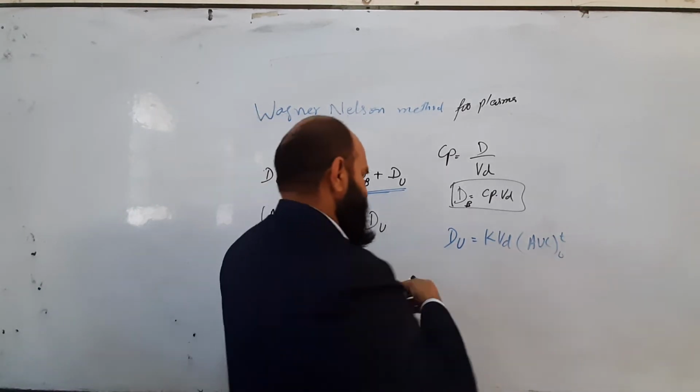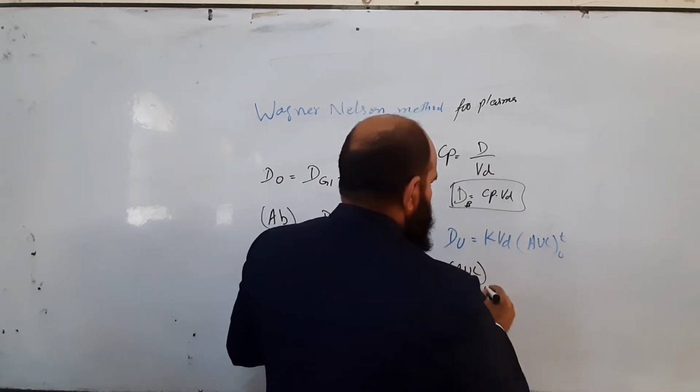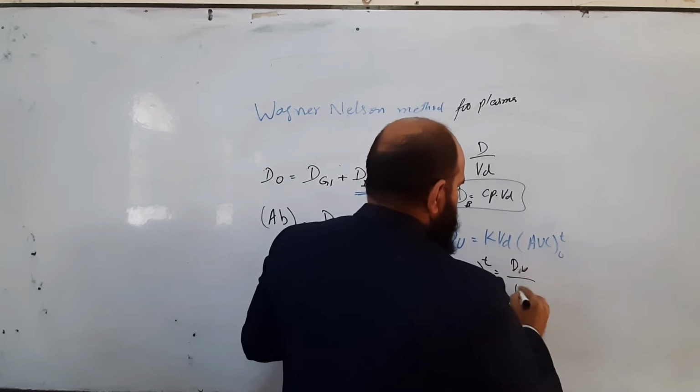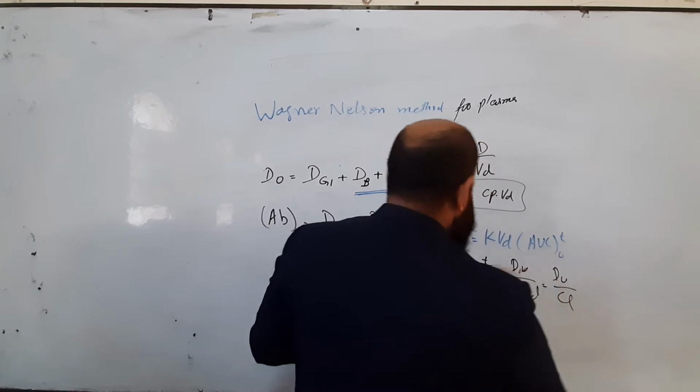Do you remember this? We have already learned this chapter. AUC 0 to t is equal to the dose, the drug present in urine, divided by K V_d, that is, the drug present in urine over clearance.